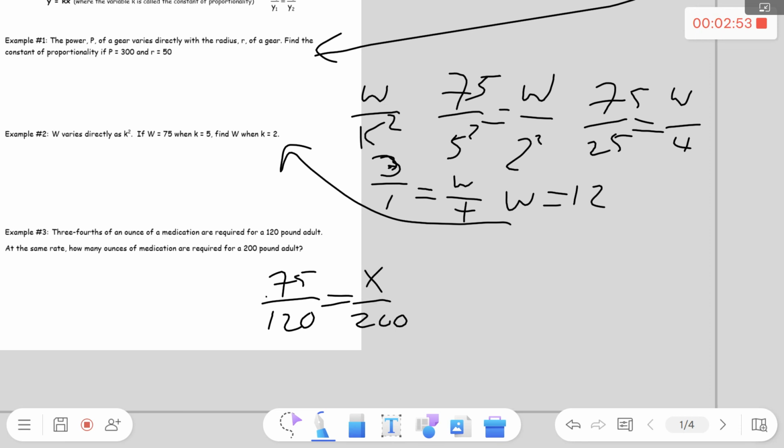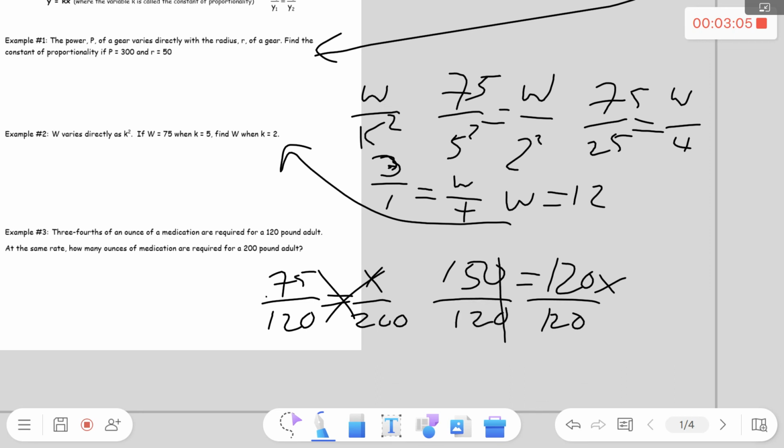Clearly, it's going to be more than 0.75. Cross multiply, you end up at 150 is going to equal 120 x, divided by the 120. Now the zeros of course cancel. 15 divided by 12, you're going to have 1.25 ounces of medication for that person. And that makes sense. The person weighs more, they should be getting more medication. All right, so those are very directly.